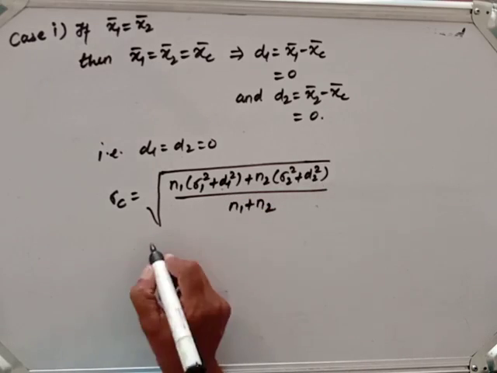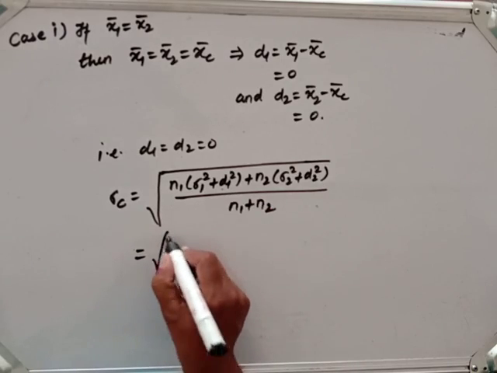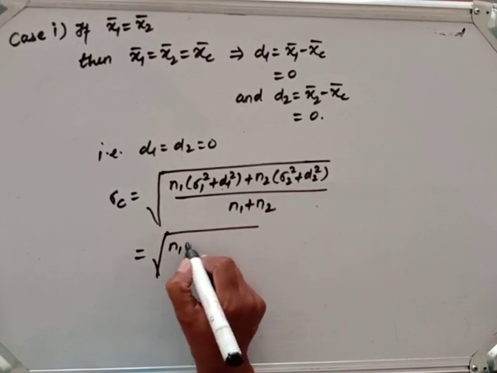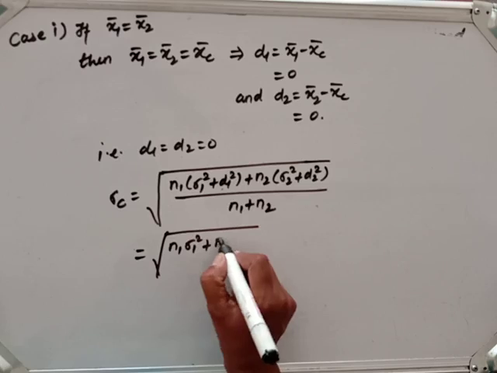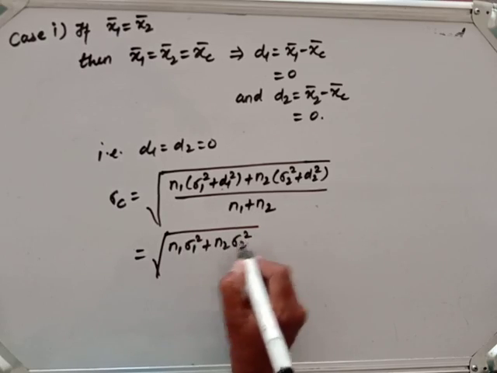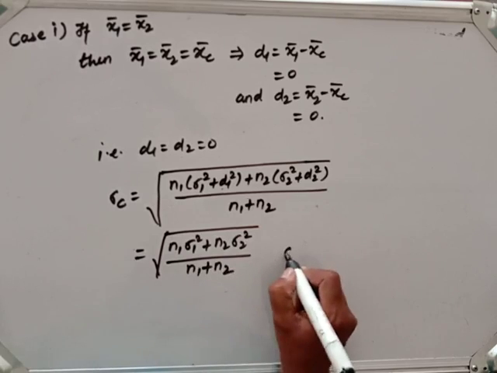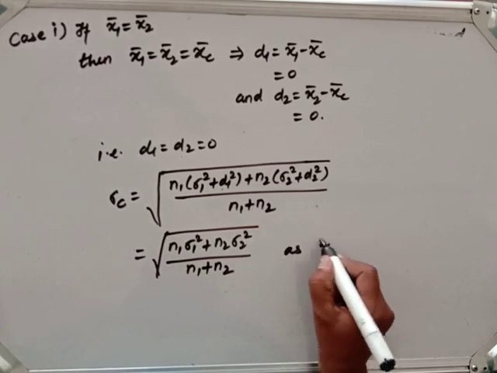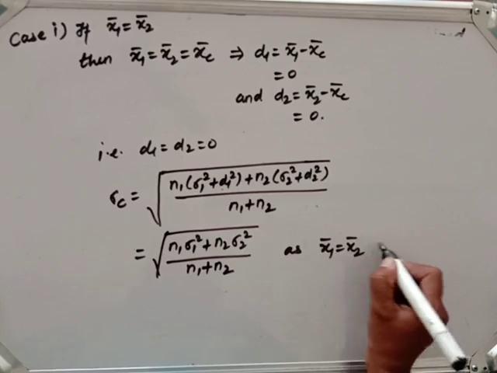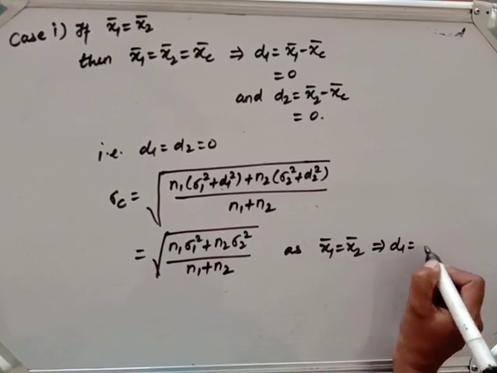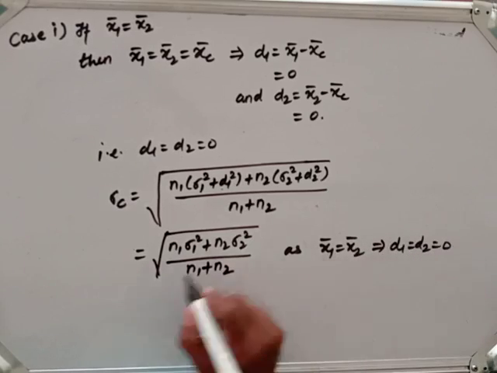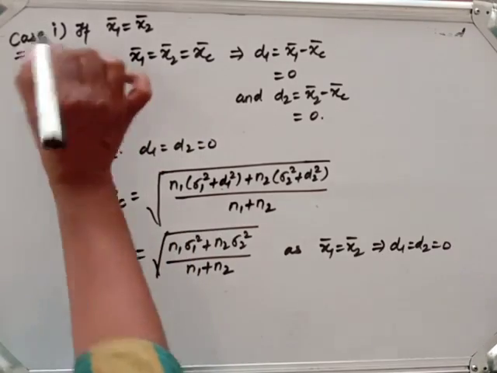So this is nothing but the square root of N1 sigma 1 square plus N2 sigma 2 square upon N1 plus N2, as x1 bar equal to x2 bar implies d1 equal to d2 equal to 0. This is case 1, you can remember this.